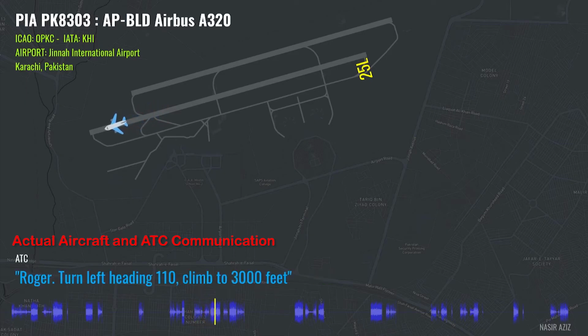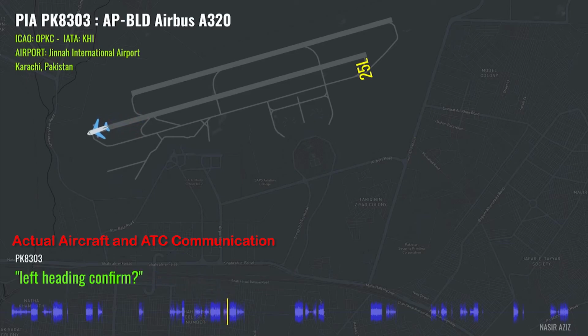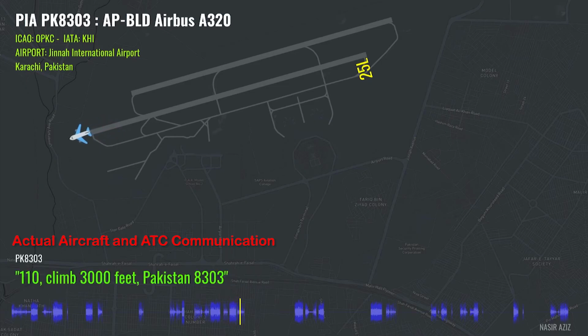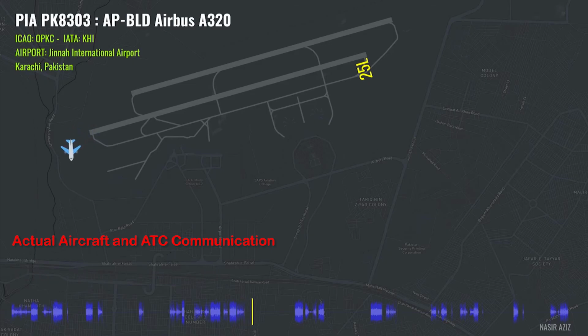Roger, turn left heading 110, climb 3,000. Left heading confirm. From left heading 110, climb 3,000. 110, climb 3000, Pakistan 8303. You are jumping altitude 2,000.